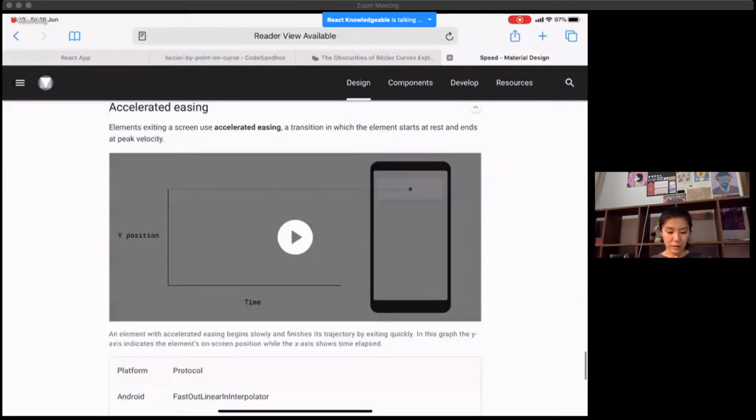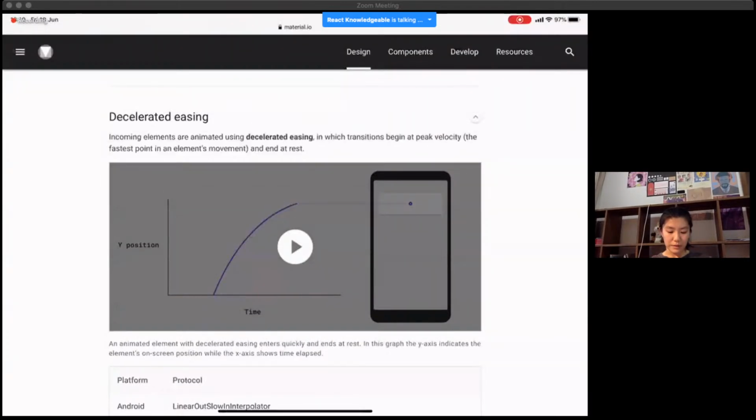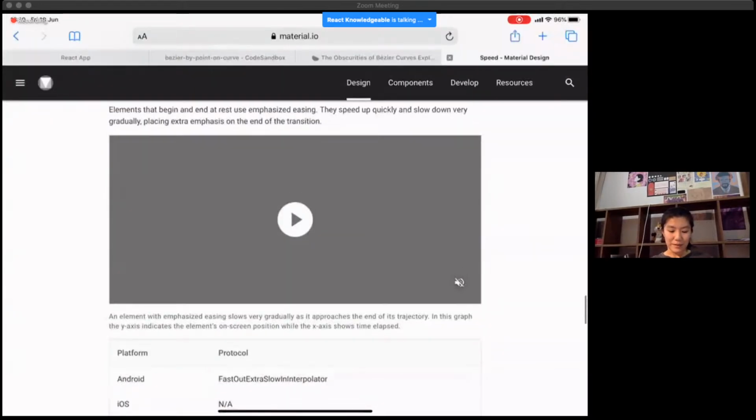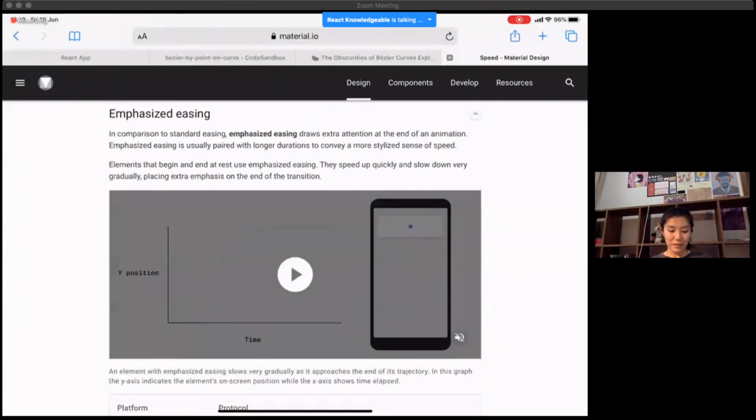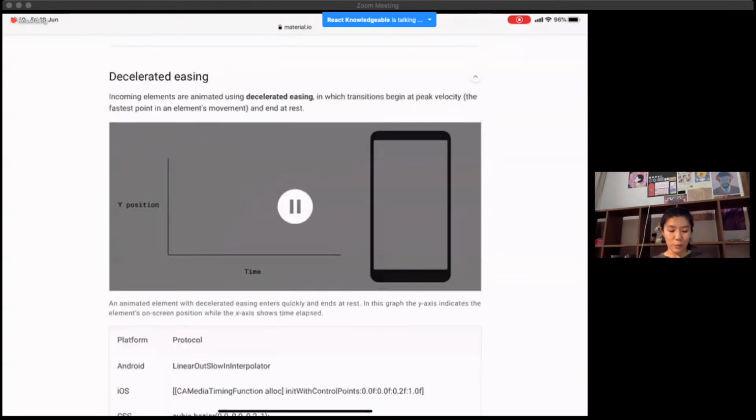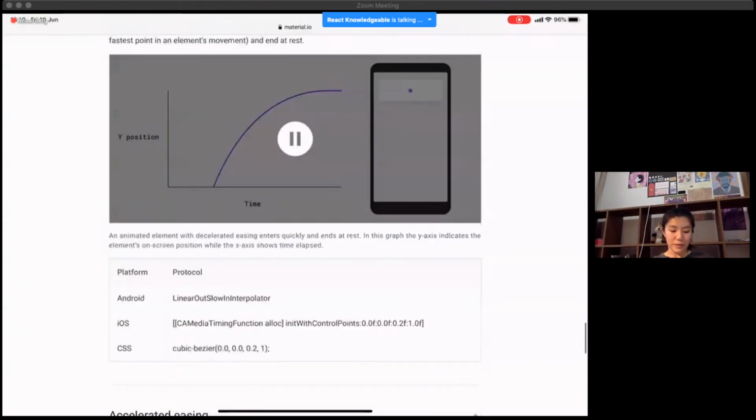And this one looks like something showing up. It looks like someone tossing something up, and it's slowing down. And there is some more complex curves. So I guess then the question is why these numbers can represent curves.